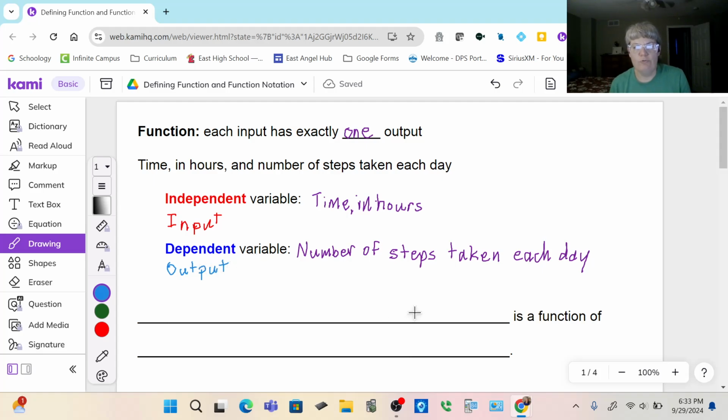Now we can also write this phrase identifying what is going to be a function of what. We always start this with the dependent.